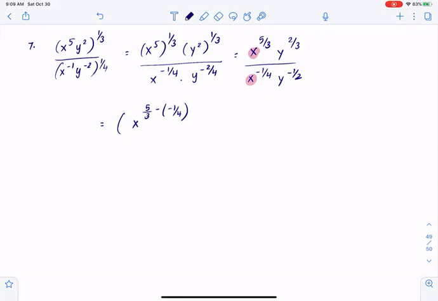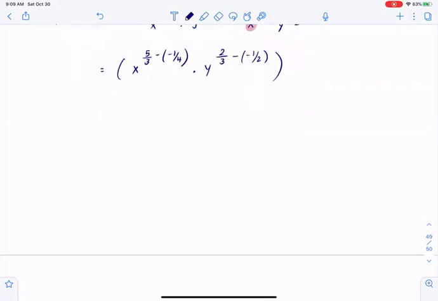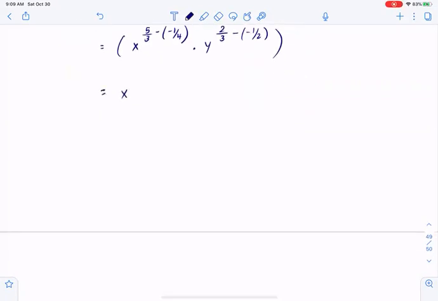Since we have minus 1 over 4 already, it is minus of minus 1 over 4. And y raised to 2 over 3 minus of minus 1 over 2. So we will have x raised to 5 over 3 plus 1 over 4 times y raised to 2 over 3 plus 1 over 2.